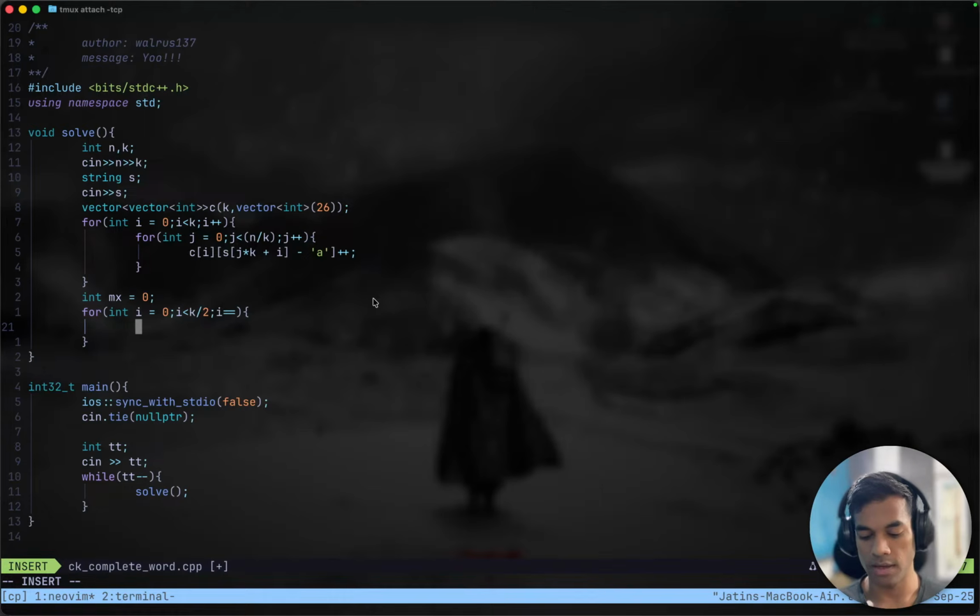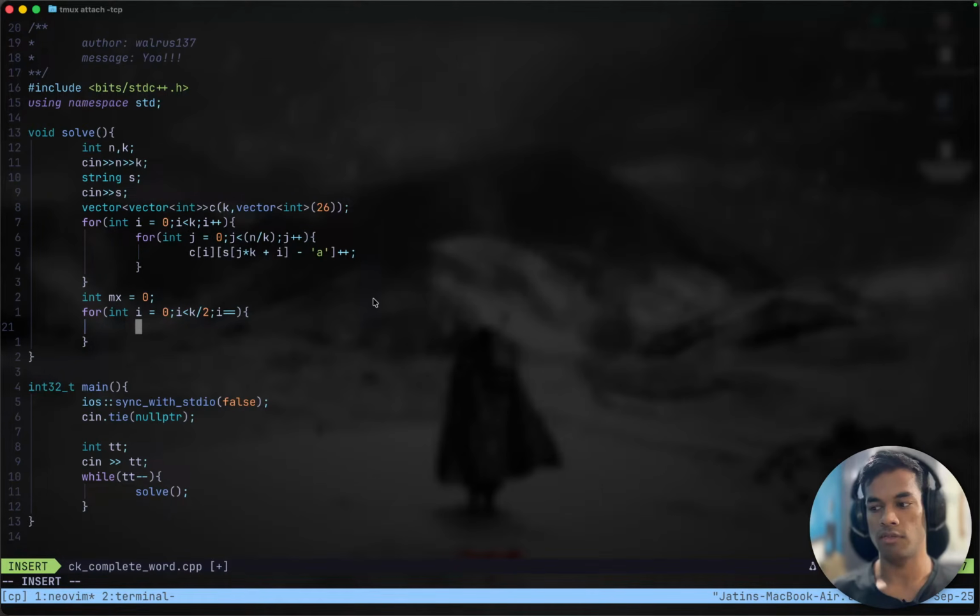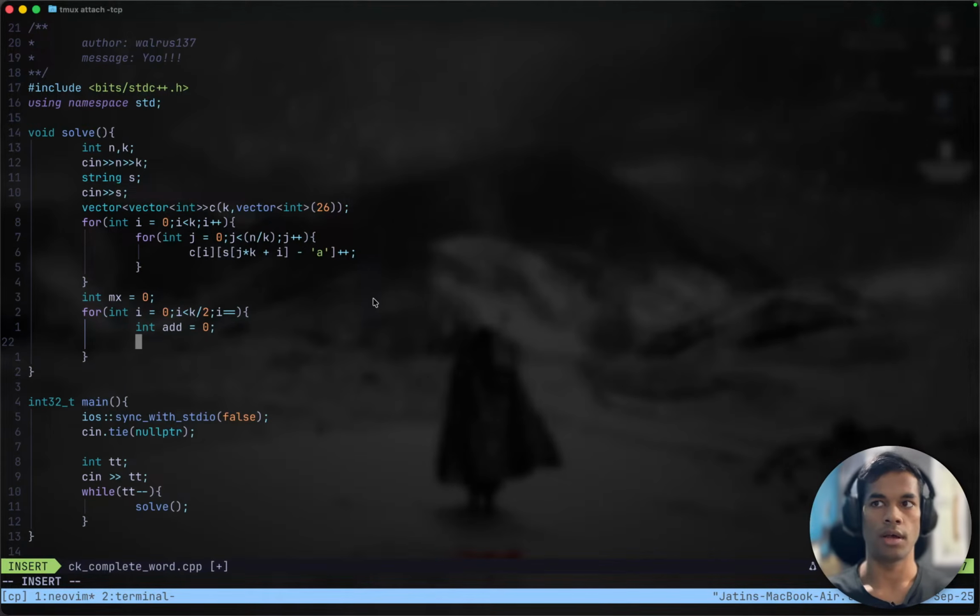And also I have to make all of these things equal. Okay, and add equals 0, and int sm equals 0, and we will call this thing answer, which makes more sense, and mx equals 0.